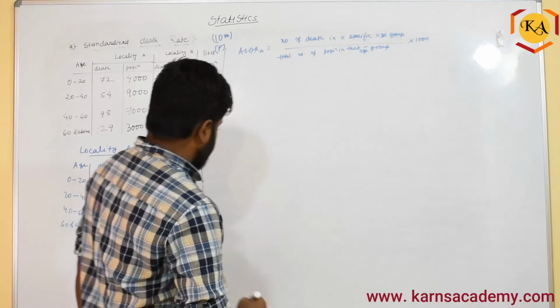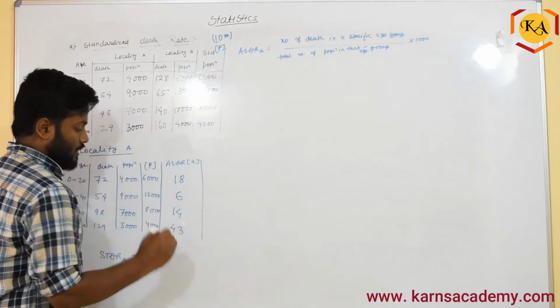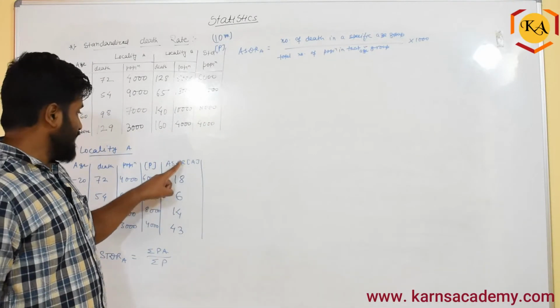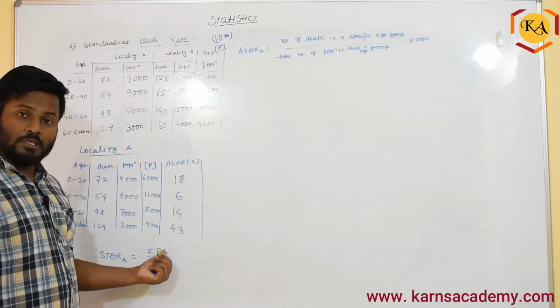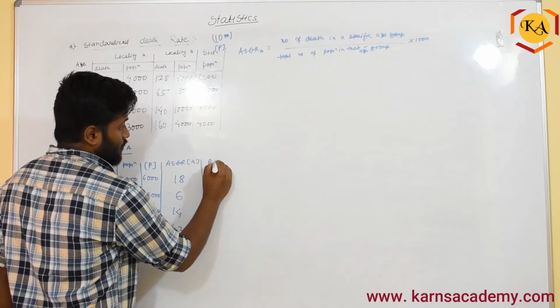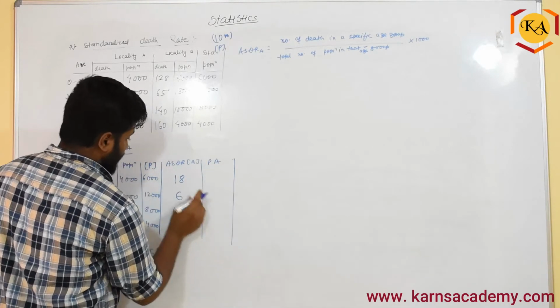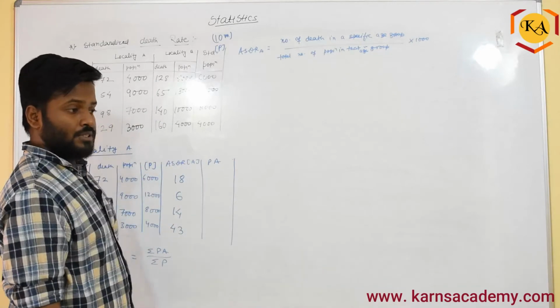and 43. Since we got the A as well as P, we need summation PA. So here we are going to find one column where we multiply this with the standard population.